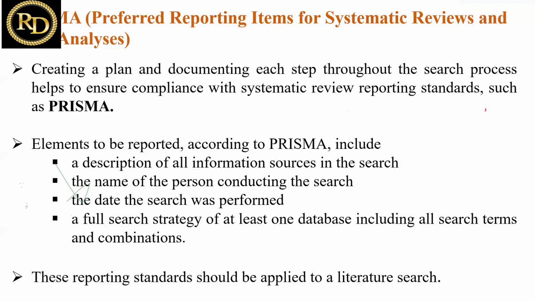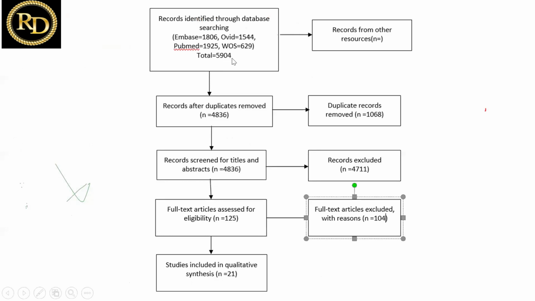In this format, we have to give all the details: who did the search and the date of the search, and the whole search strategy of the particular databases. All we need to give in this format. So this is the PRISMA format, where you can see we have found a total of 5,904 references from these 4 different databases. We haven't searched any other sources.